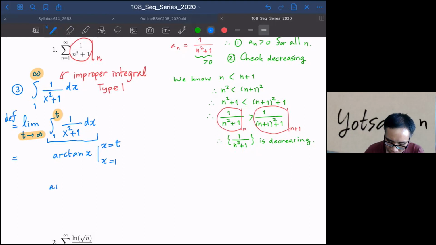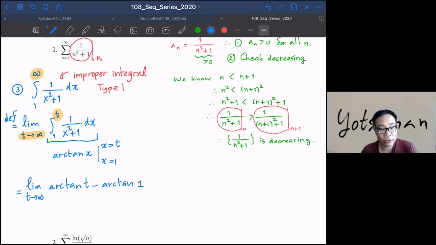So this will be arctan t minus arctan 1, and you are taking the limit as t goes to infinity.